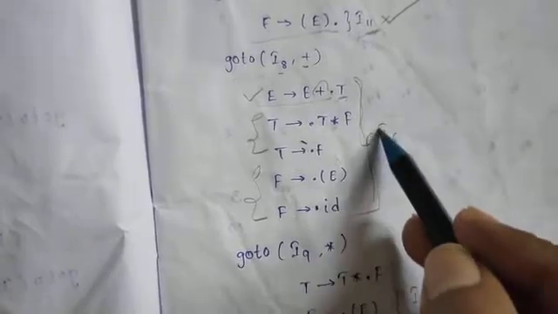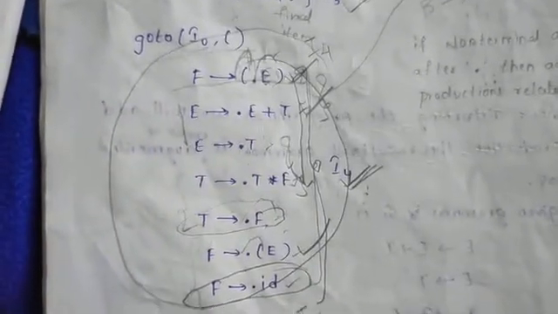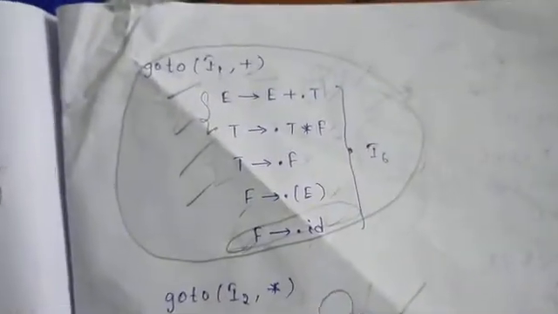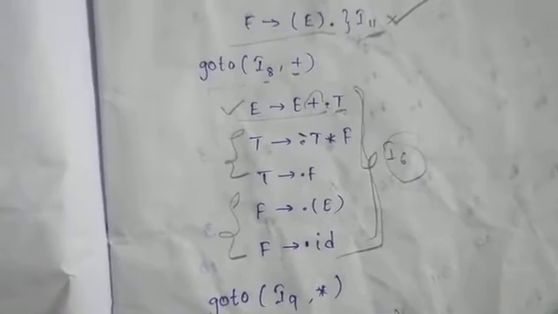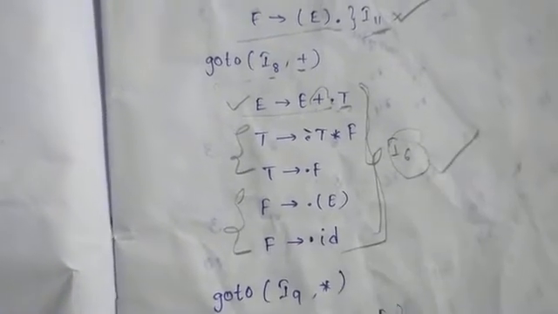Before numbering the state, we need to check again I0, I1, I2, I3, I4, I5, again I6. Okay, I6. It will match with I6. For that reason it should be numbered as the I6 state. This is an already existing state.